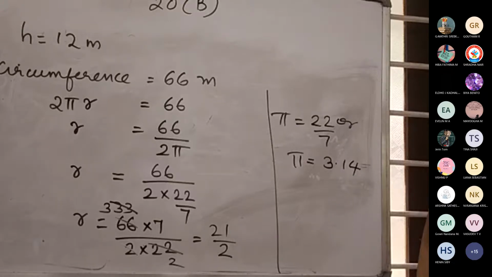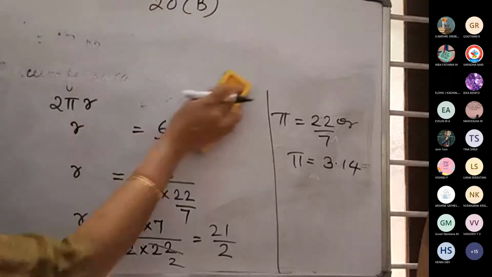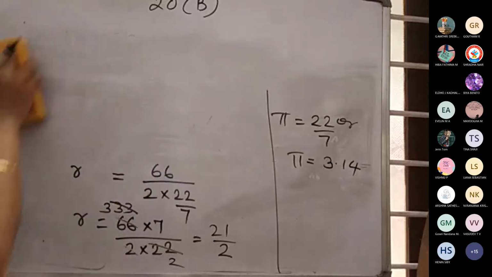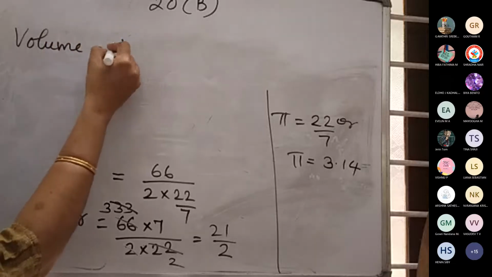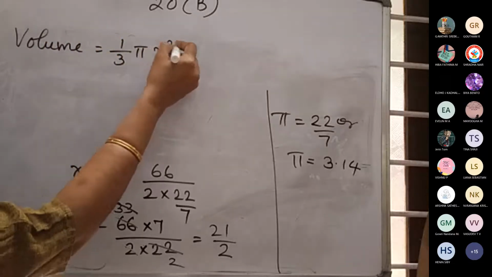Then volume of the air contained in it. That means volume we have to find out. So volume is equal to 1 by 3, the formula for the cone shape volume. Volume is equal to 1 by 3 pi r square h.